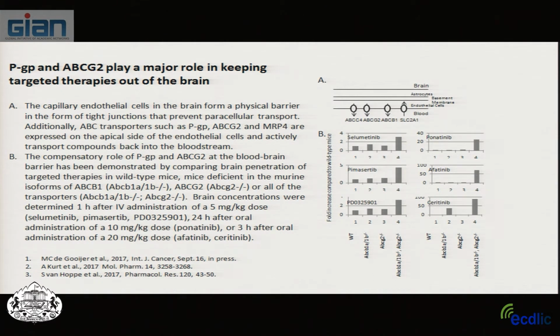There might be some substrates or modulators which may be pumped out by MRP4. We already have the MRP4 knockout mice. It's not that we don't have this quadruple one where we knock out all of them, but that's just to show you the status. And this is the in vivo demonstration of why it's important to study both these transporters, and why the FDA wants you to study these transporters.